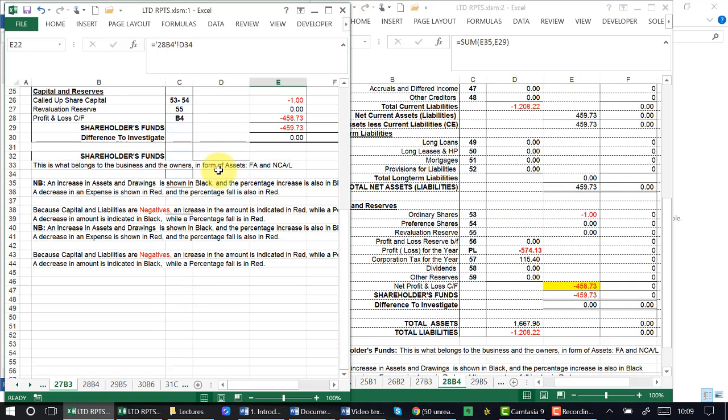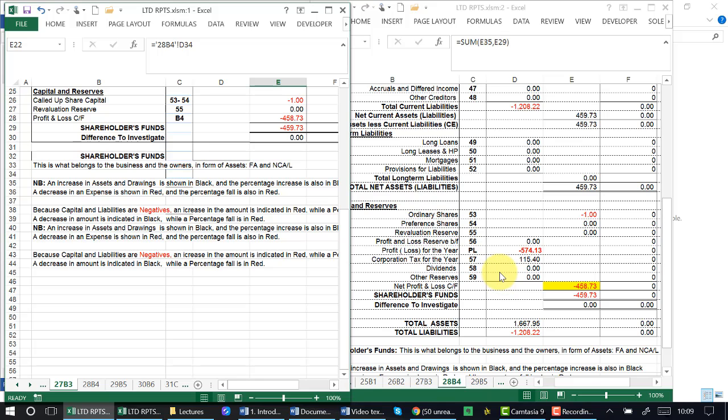And then capital and reserves below. 53 to 54. Just those two are summed up. Called up share capital is there. And then 55 goes below there.